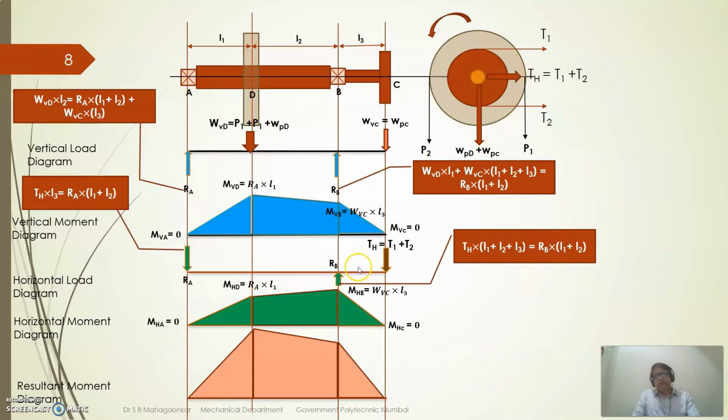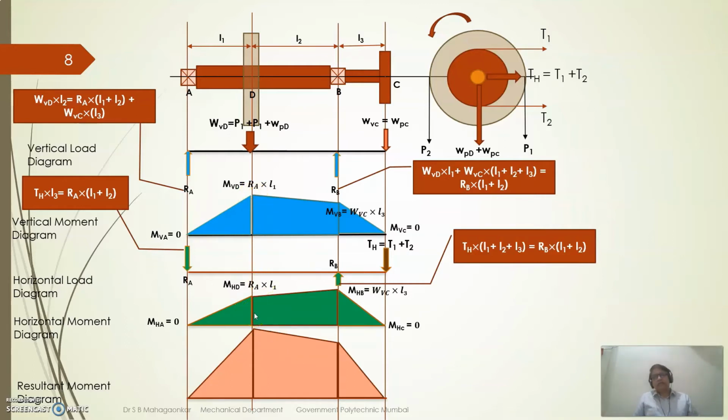Taking that, you can find the reactions RA and RB, and you can get the moment diagram for the horizontal moment. So you can find the moment at A point, moment at B point, and moment at C and D point.